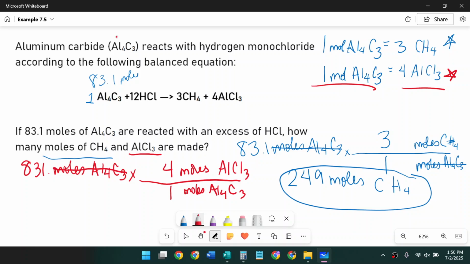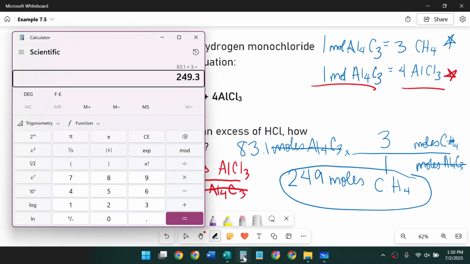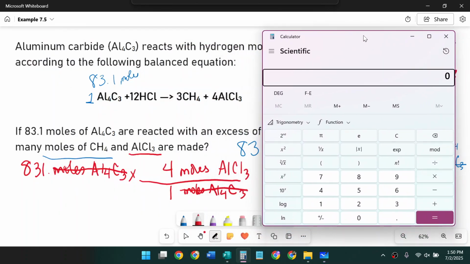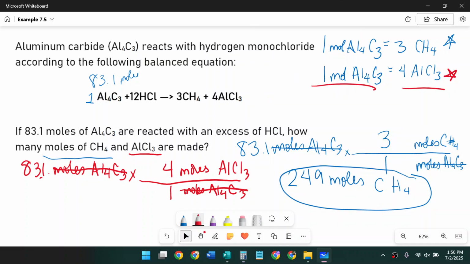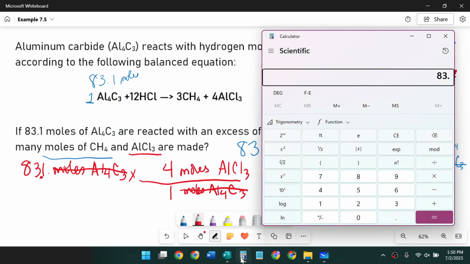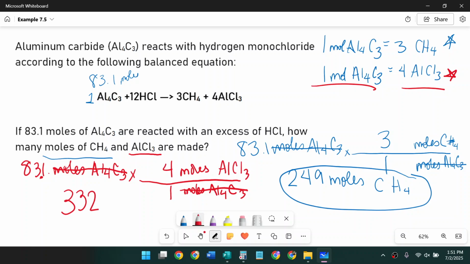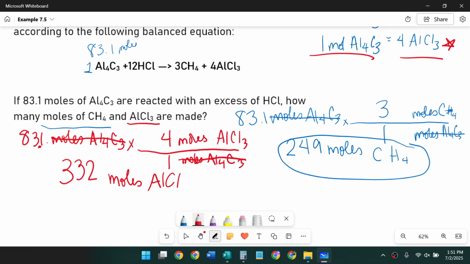Again, we get to cancel out this because we set it up that way, and then we can just use our calculator. Again, we have to remember that the 83.1 has 3 significant digits, so we have to keep 3 significant digits in our answer. So we have 332.4, but we can only keep the first 3 digits, so 332 moles of AlCl3.